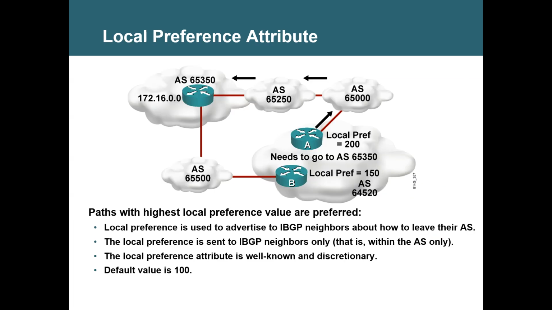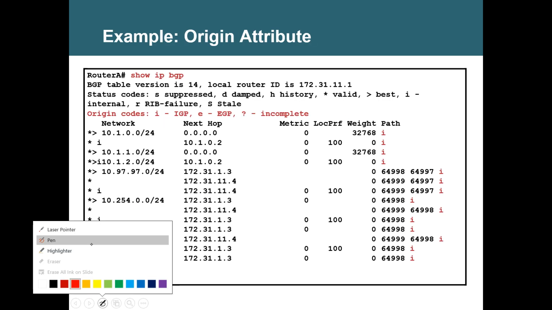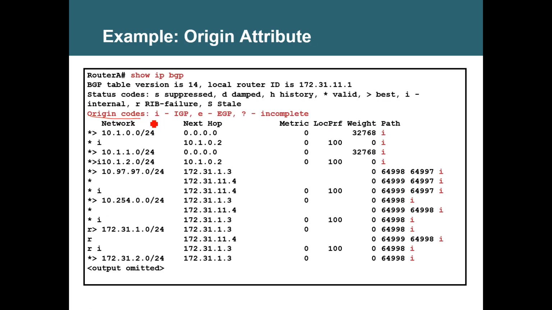Right. Okay, what is the other attribute that we learned? Origin code. You say origin code I, E, question mark. You can find here I. The red one. There are two I actually. The one in the beginning and one in the last. This one in the last is the origin code that you learned.